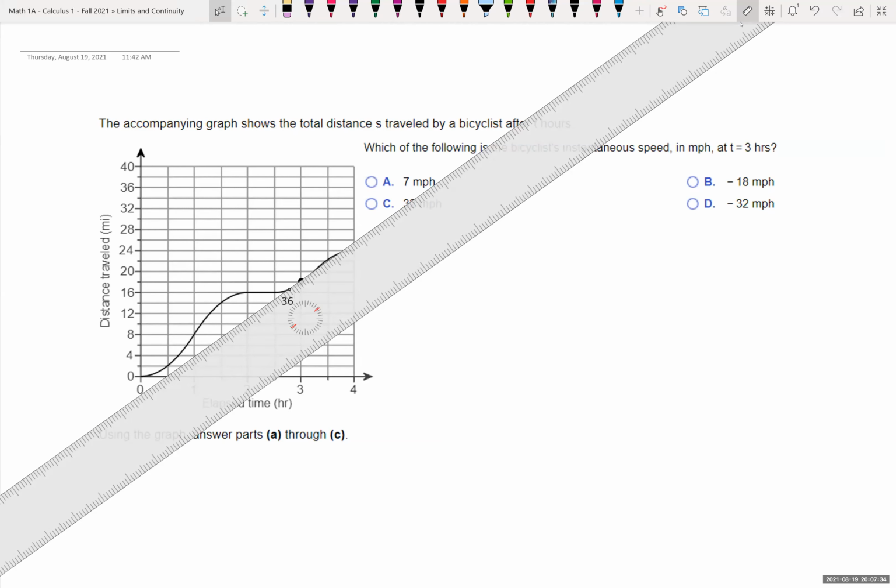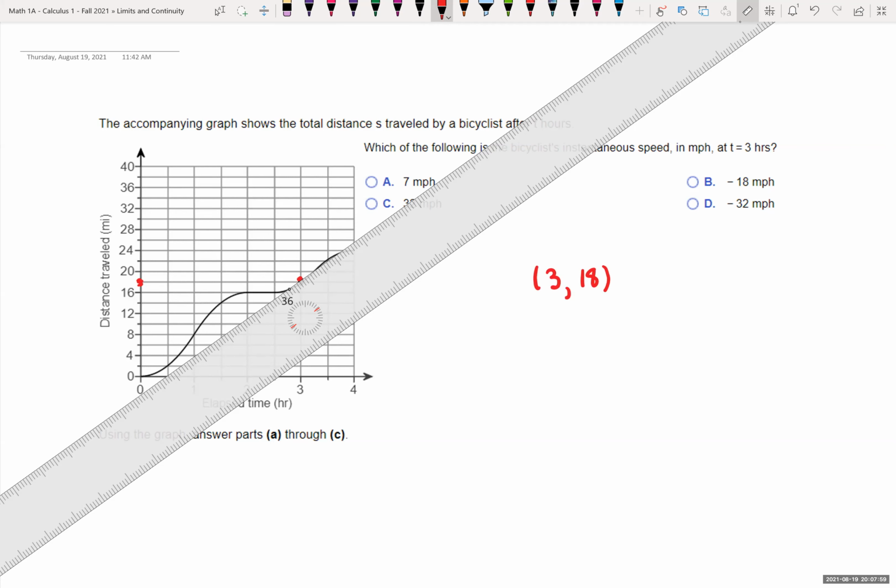So I have my 1 point when T is 3. I can see that when T equals 3, my Y value for S is going to be 18. My intervals are going up by 2, so I know I have a point at T equals 3, where the distance is 18.